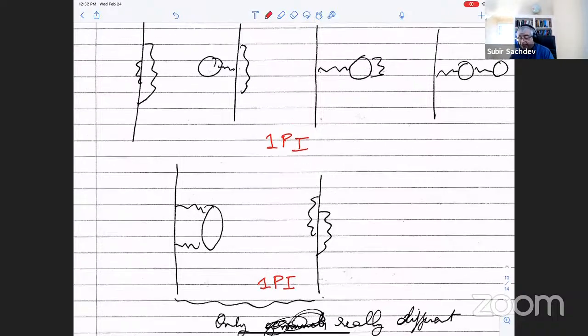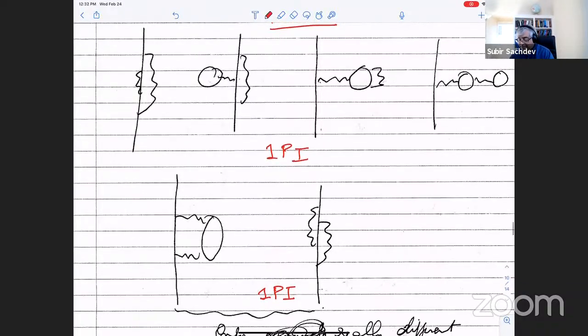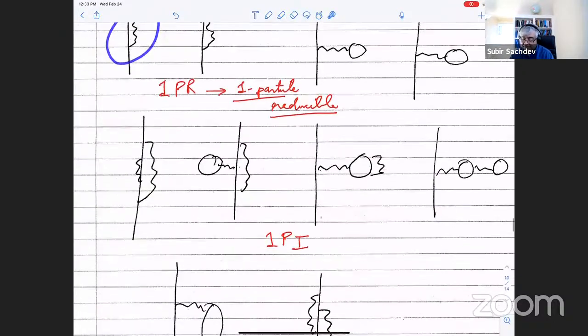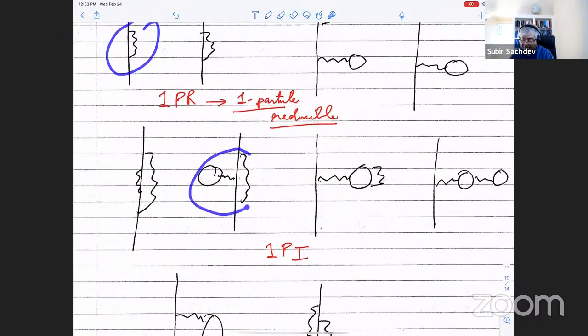Now the point is, with a one particle irreducible diagram, I can build a new one particle reducible diagram by just taking it twice. So what's happening here is that the same thing is happening twice. What happened in this region of space-time, you make it happen again. So when I go to 4th order, I could take this diagram and make another copy of it here.